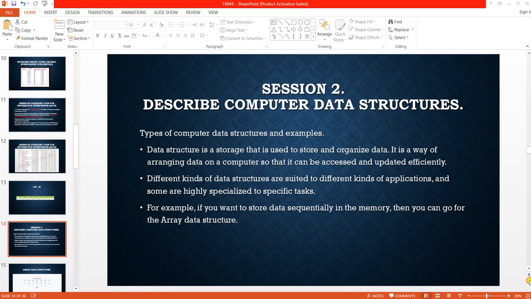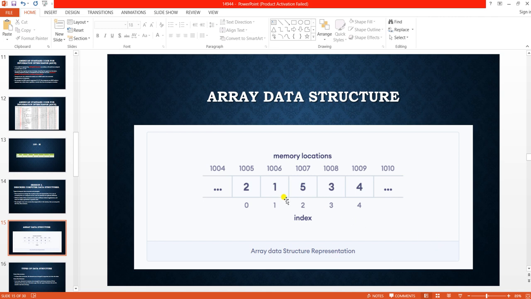So there's an illustration of what I explained earlier in terms of the array data structure, where each memory location, these are just numbers, these are just allocations, which symbolize the array where you find your indexes.